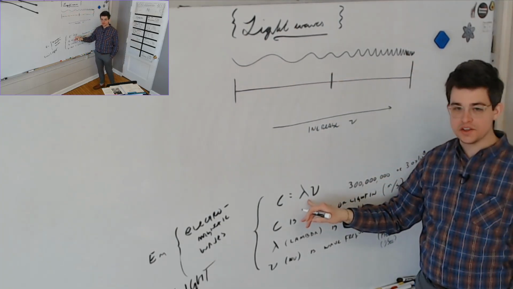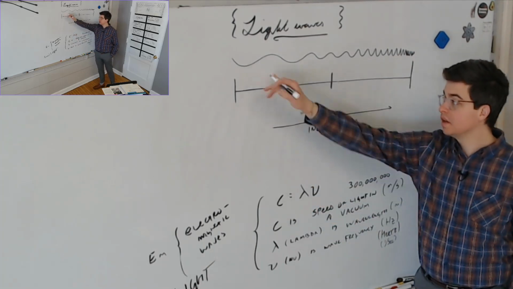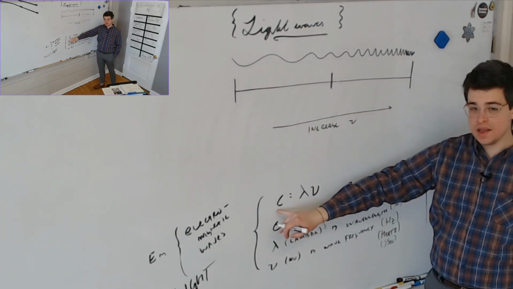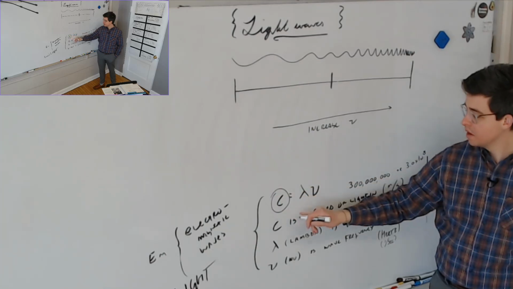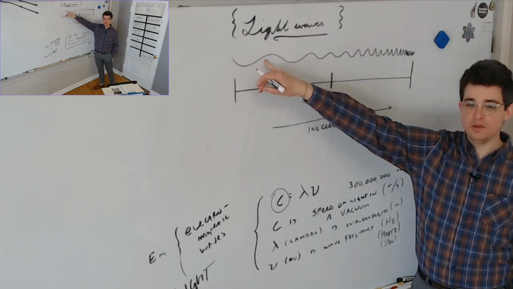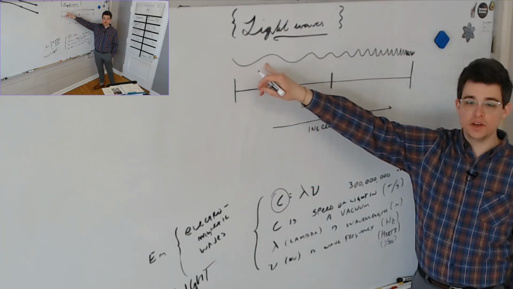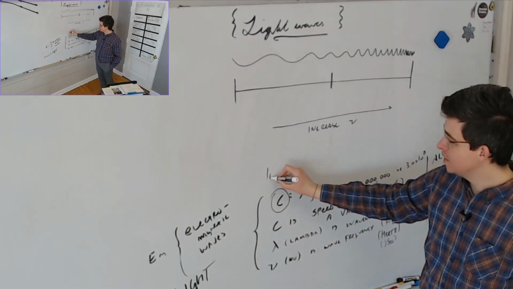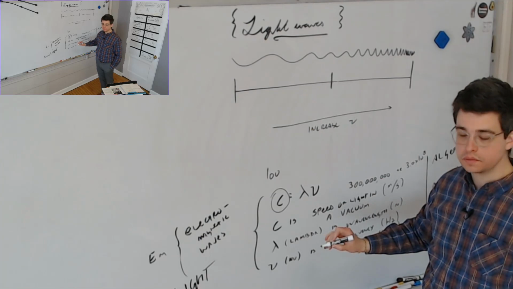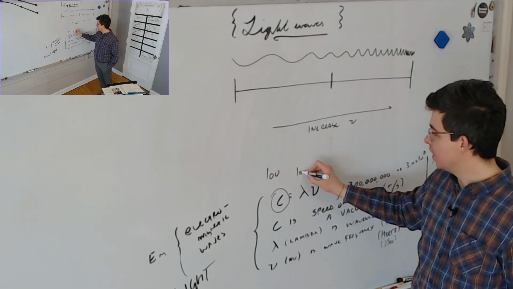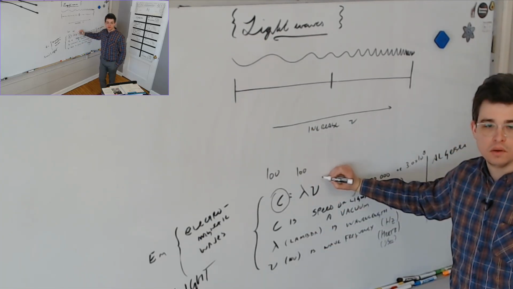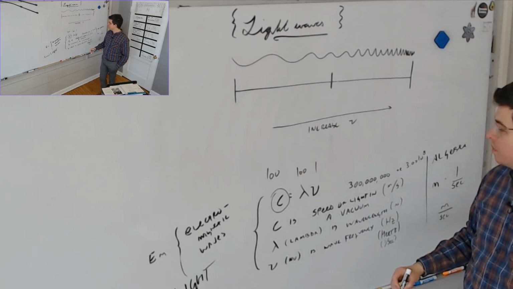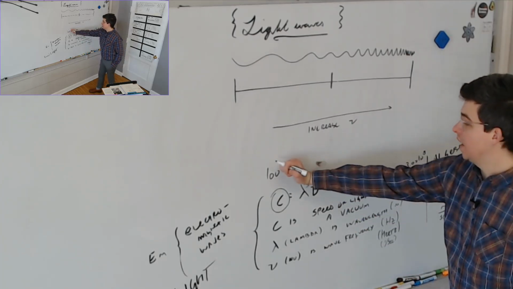Noticing about this equation, if I had a great big frequency, like down here, if this has to stay the same, which it does. If I had a great big wavelength like I do over here, what must be true of the frequency? Well, if this number is great big, let's say these have to multiply together to make 100. If I have a wavelength of 100, what must my frequency be? 1. It must be very low. They have to multiply to 100.